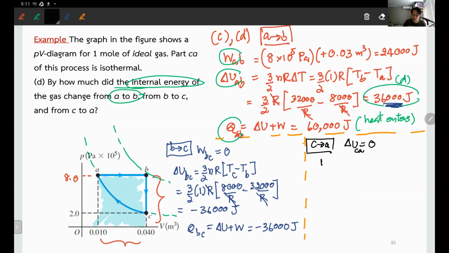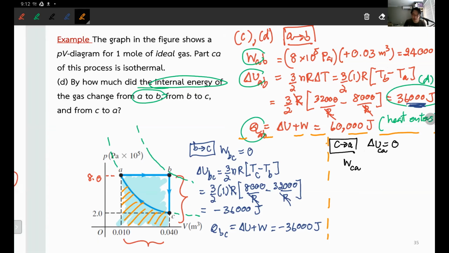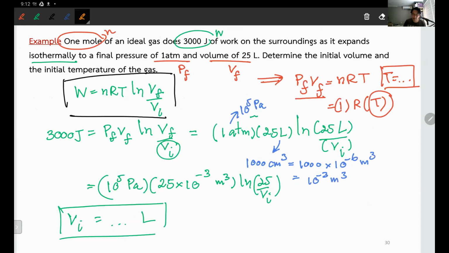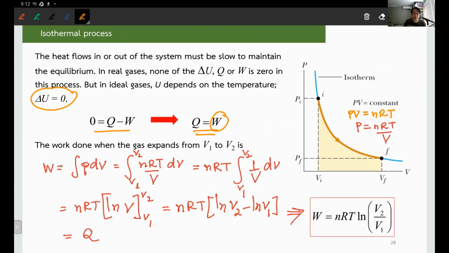Next, the W. Well, that is the area under the curve right here. But we have already done this back when we introduced the isothermal process. We found the area under the curve by integrating PV equals nRT when T is constant, and then we get this equation.